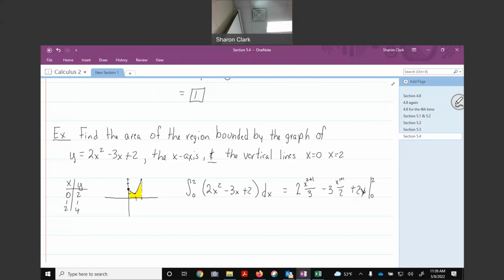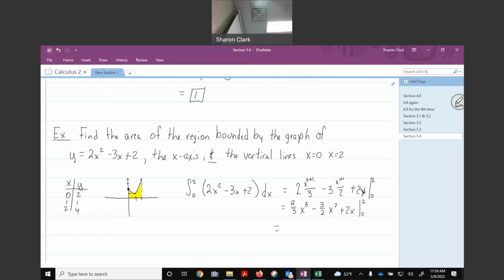So this is 2/3 x cubed minus 3/2 x squared plus 2x, and we're going from 0 to 2.